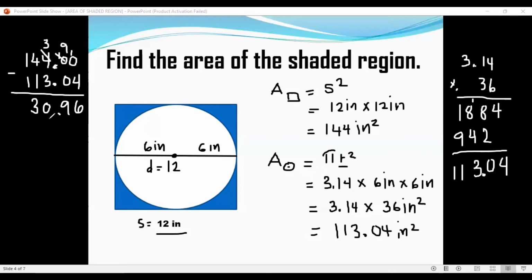Okay, so 30.96, and then you have to include there the unit of measure, which is inches square. Suppose you are given this problem and then you are only to find for this part, for this part only. That could be another question that you can encounter.